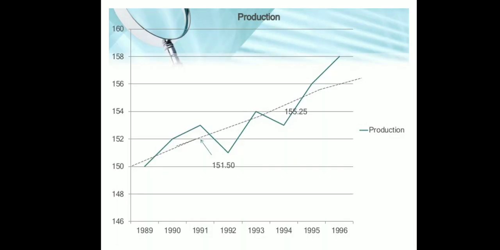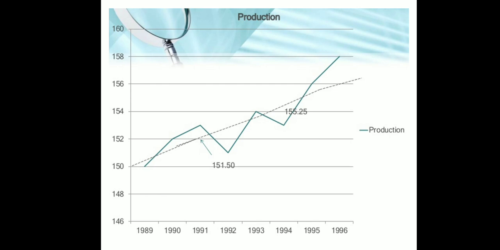Next, you have to take the graph. The graph may not be asked in the MCQ, so just understand how to draw it. The zigzag line, going upward and downward, is the original data, with values for each year from 89 to 96 plotted.